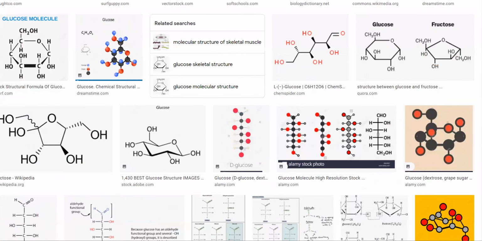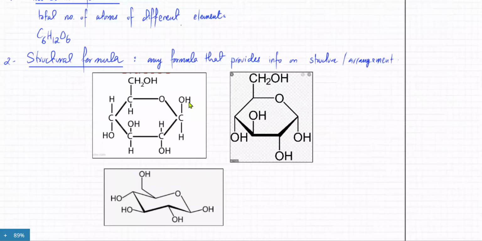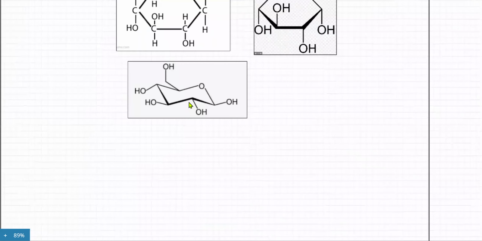Anyways, we're going to talk about different types of structural formulas. So it's a formula that provides you information on the structure or the arrangement of the particles. All of these are going to be types of structural formulas.